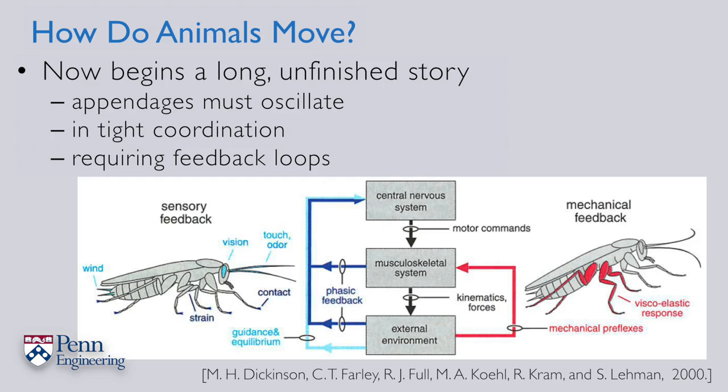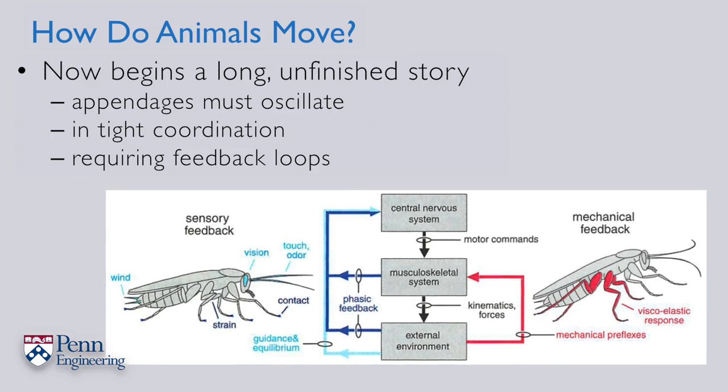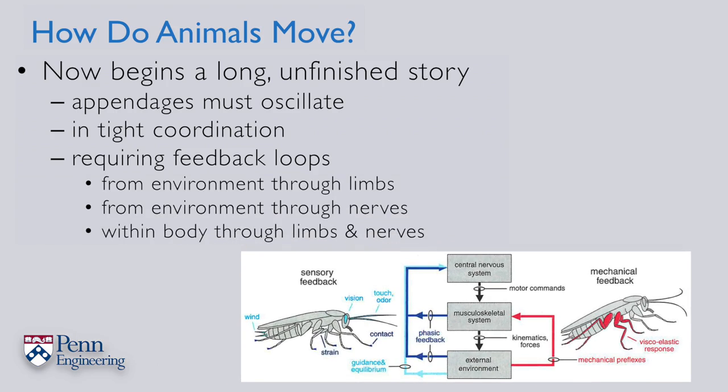The feedback loops include pathways from the environment through the limbs, from the environment through the nerves, within the body through limbs and nerves, and all of these pathways are mixed. What's particularly fascinating to us in robotics about animal movement is that the animals have a lot of their intelligence built into their bodies.